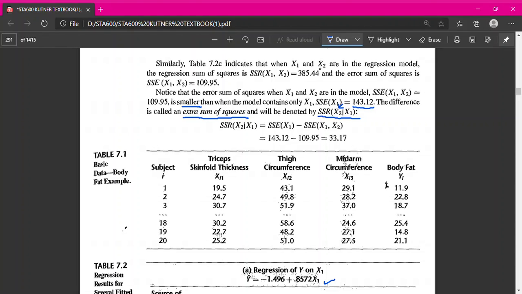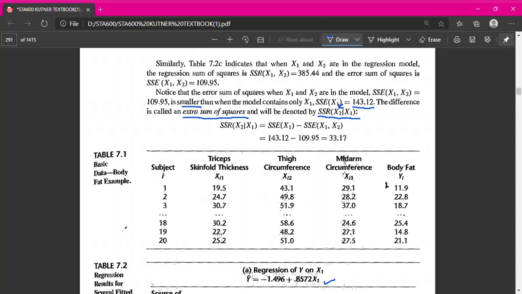Okay, itu yang kita baca kat sini. Ini adalah notation untuk extra sum of square. So what we can say here, the value yang kita dapat nanti ianya adalah value of extra sum of square when X2 is added into the model, okay, while X1 is already in the model.